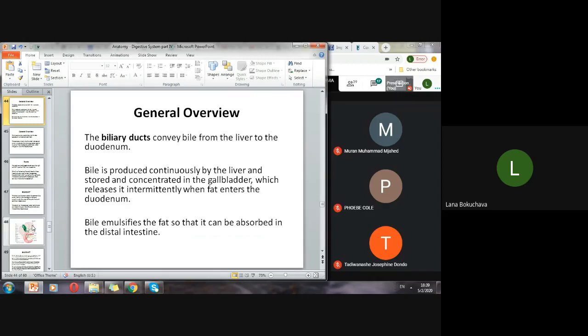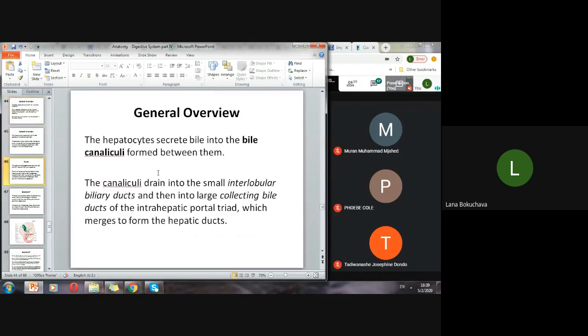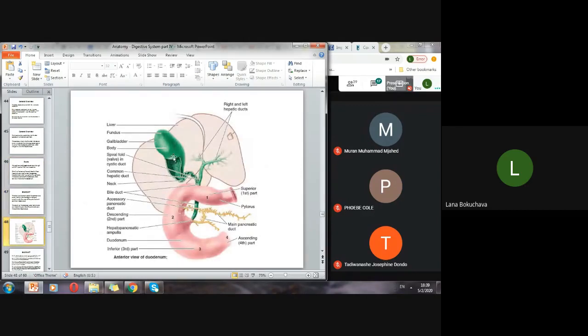First of all, the main function of the biliary ducts is to collect the bile and project it from the liver towards the duodenum. I do believe it's clear. That's what we can see in this picture.